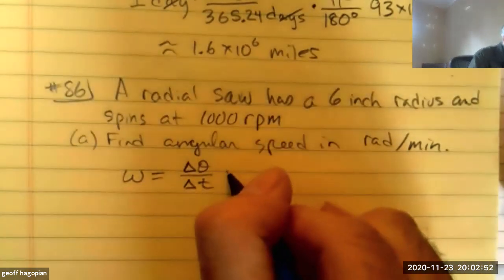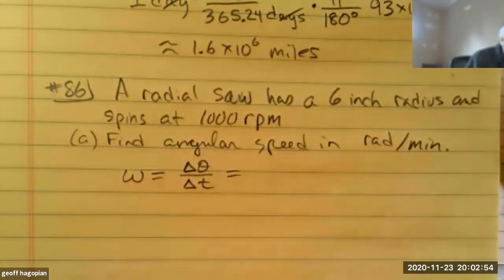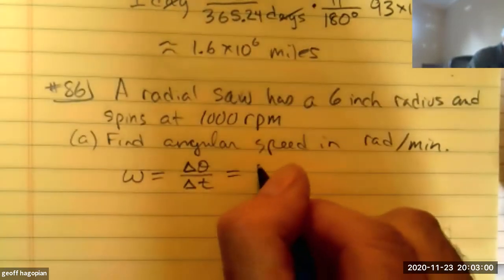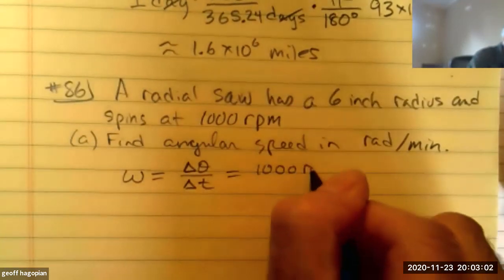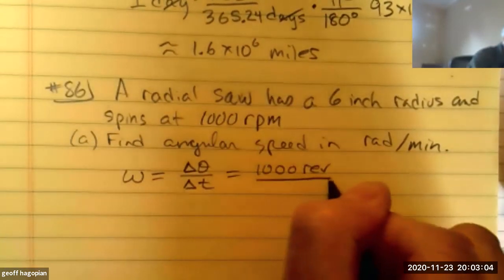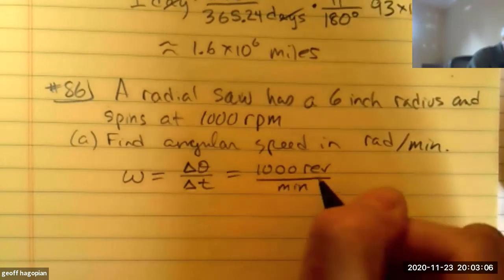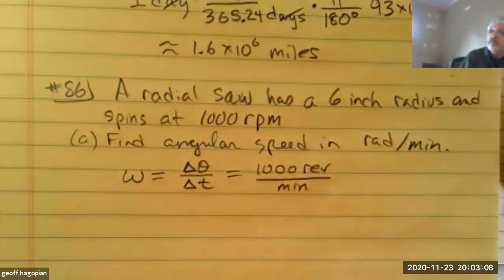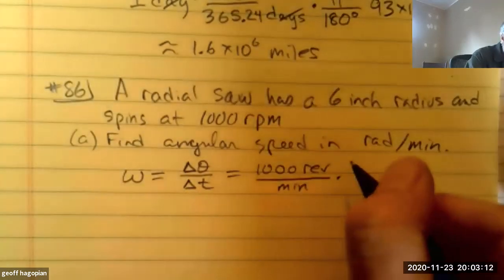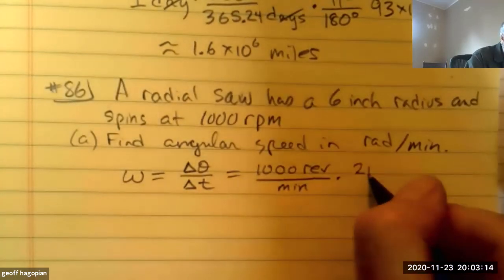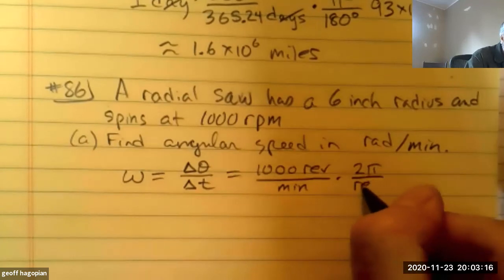So what's the change in theta? Well, per change in time, we want to say 1,000 revolutions per minute, but that revolution is not an angle, right? Or what is it? It's 2 pi radians, right?